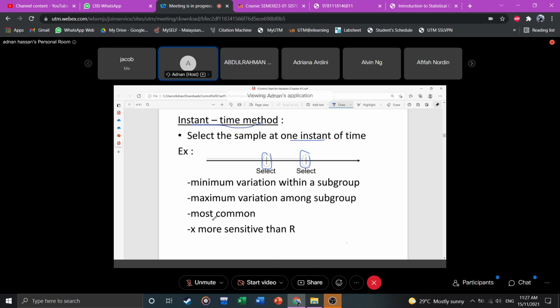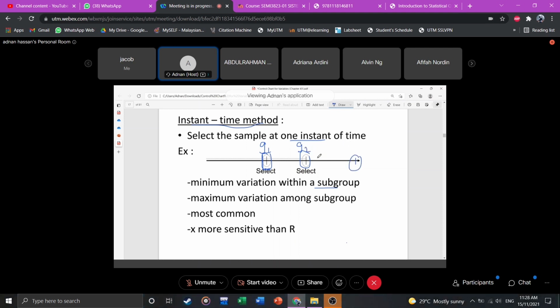Okay, so the characteristic of sample that we have is minimum variation within subgroup. Within this subgroup, okay, group number 1, group number 2. Let's say, as I mentioned last class, we need, for example, 25.